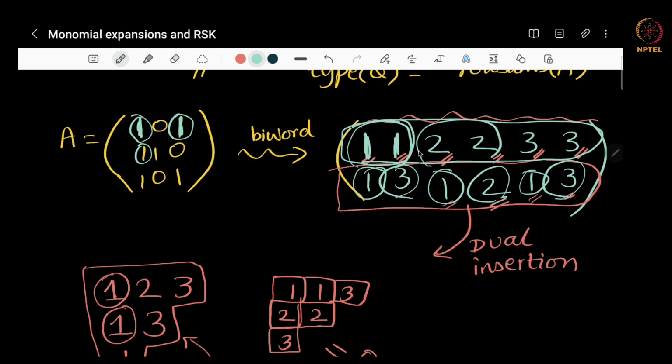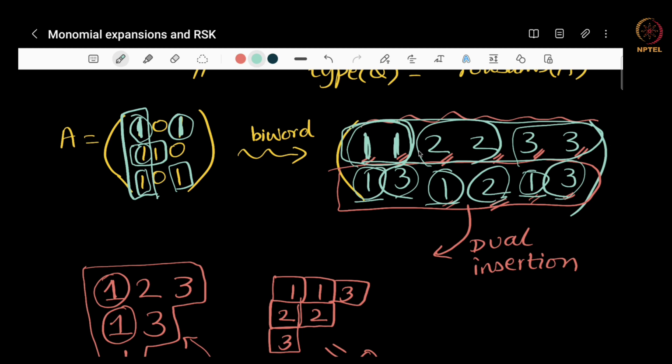Similarly, the number of 2s I get, these two 1s tell me that there are 2 2s that should occur. Similarly, 2 3s correspond to having these 2 1s. Okay, and then likewise the column sums. So for instance, why do you have 3 1s in the bottom row? Because there are actually 3 1s in the first column, right? They are the ones which contribute to the 1s in the column, and so on.